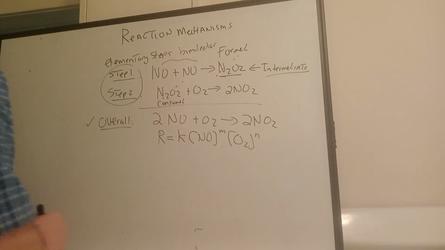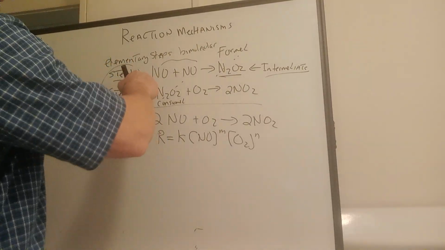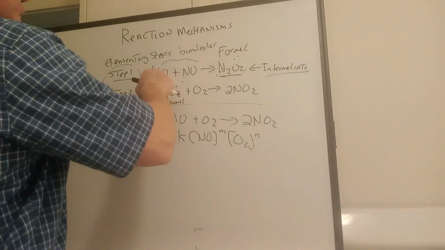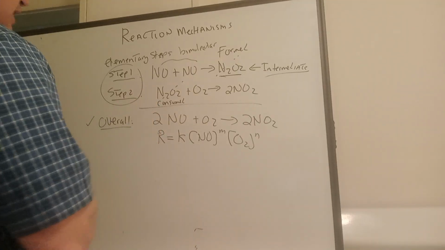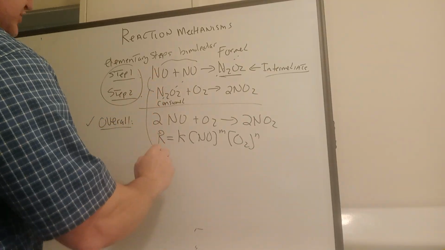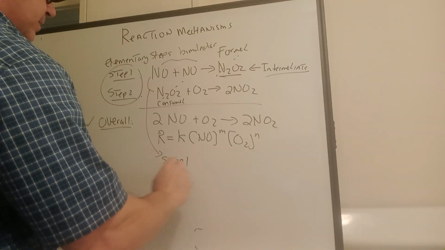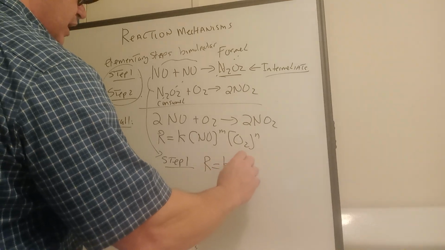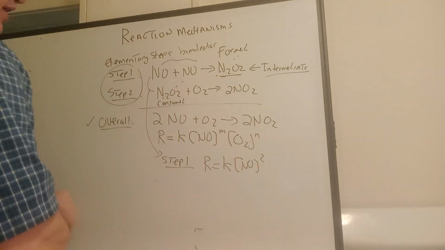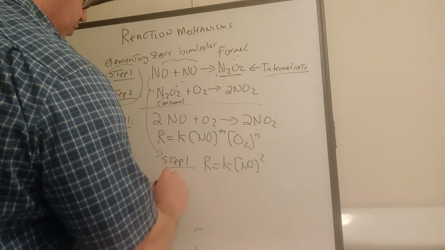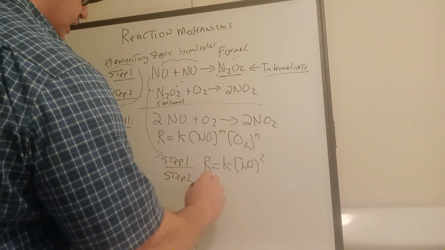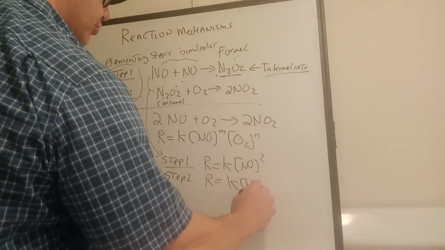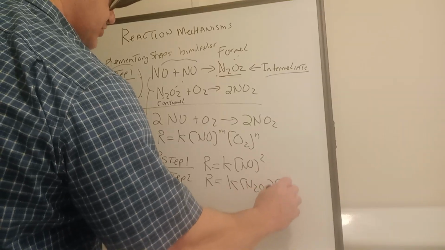Conversely, you can write rate laws for elementary steps directly, maintaining the order of the species. So for example, in the case of step 1, the rate in step 1 would be k times NO squared. There's two nitric oxides, and for example, in step 2, that other bimolecular reaction, we can write that as k times N2O2 times O2, where they're each raised to the 1 power.